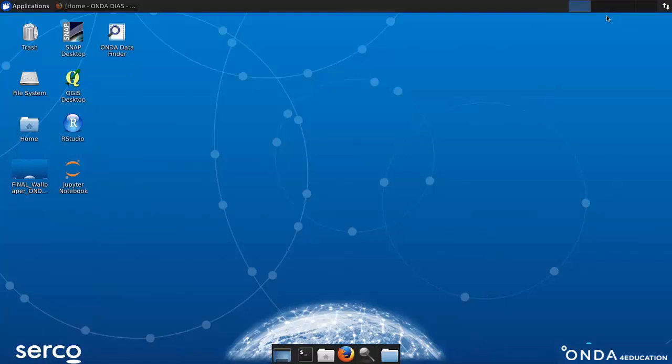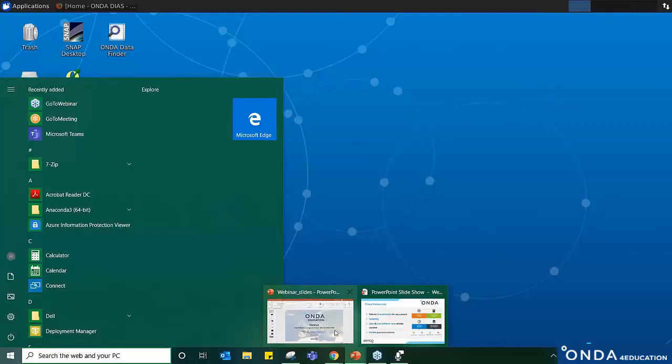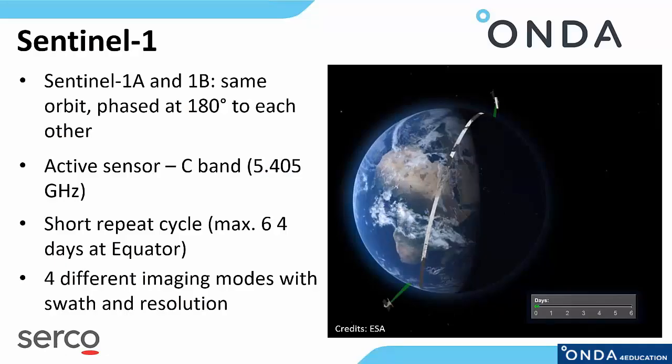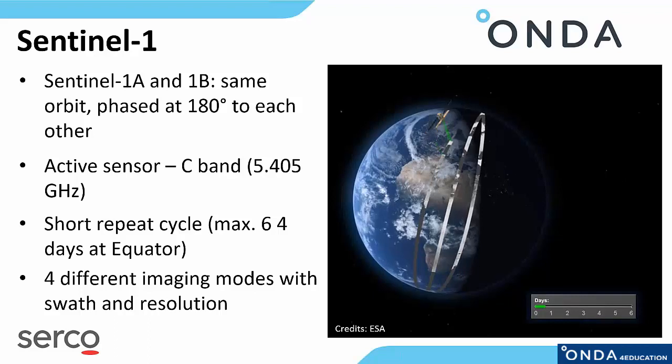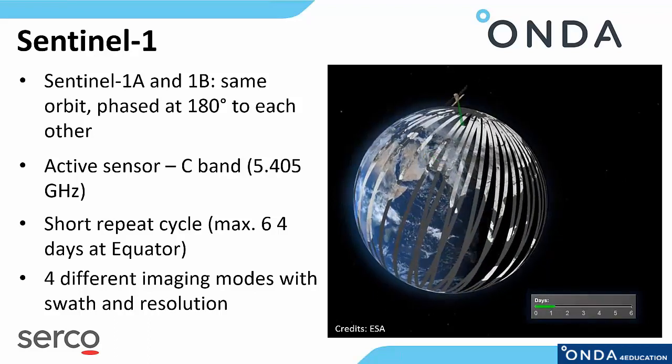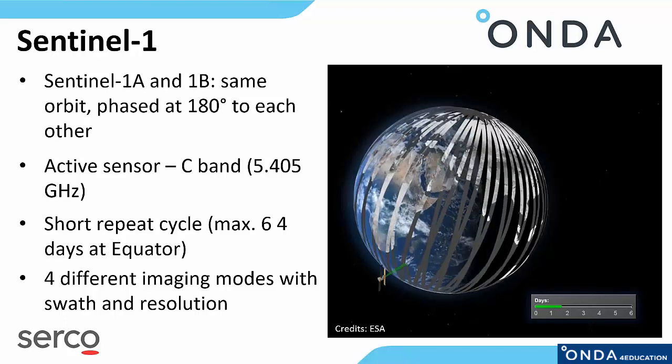The first thing I want to do is introduce you to the satellite we're going to be using, Sentinel-1. From the questions we asked when you were registering for this webinar about your experience with SAR, some of you are beginners, and some of you already have some knowledge of SAR.